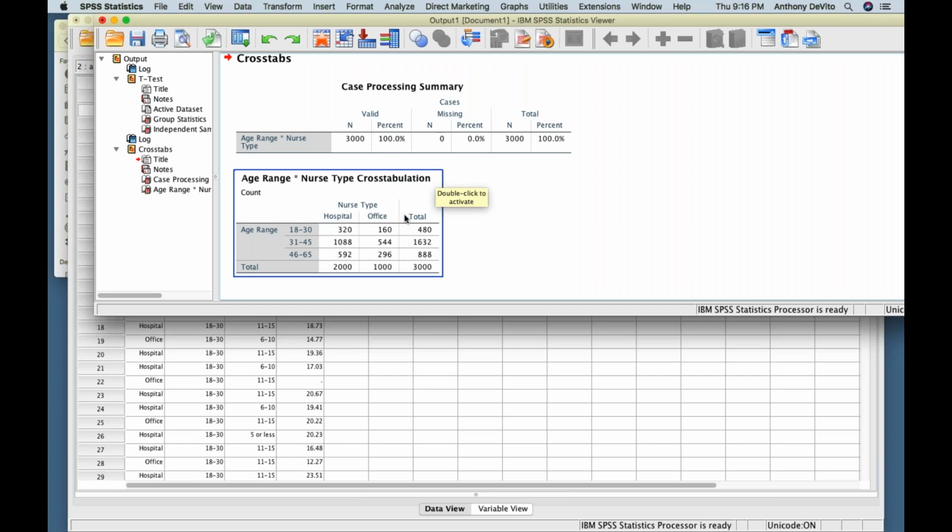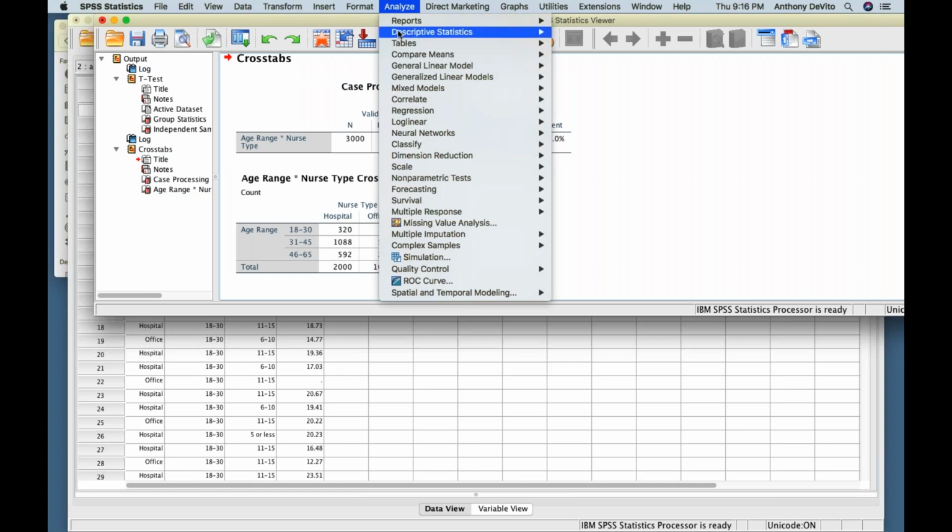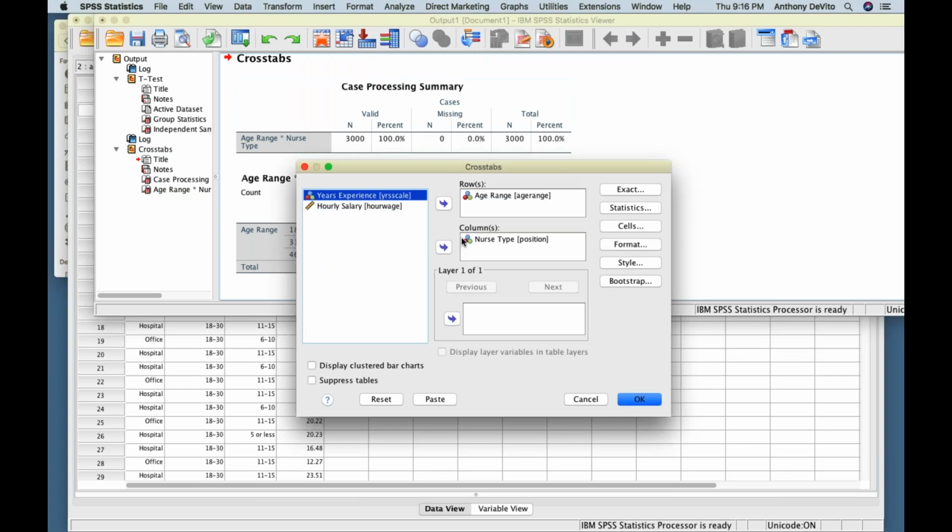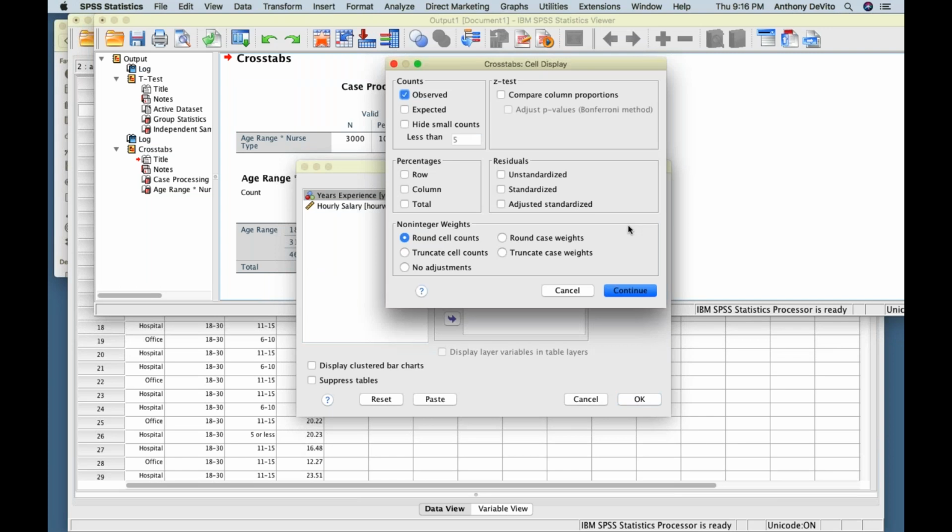Okay, so let's get a little bit more information out of this. This time I'm going to go to Analyze, Descriptive Statistics, Crosstabs. Now you could do this all at once if you're actually doing this, so you don't have to kludge around the way I'm doing. So I'm going to click on Cells. Now notice, if I wanted to know the expected values, I could click on that.